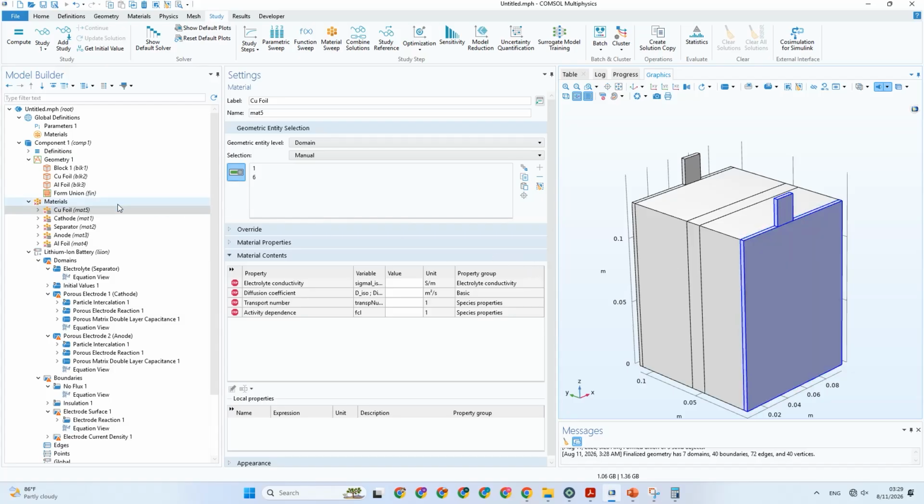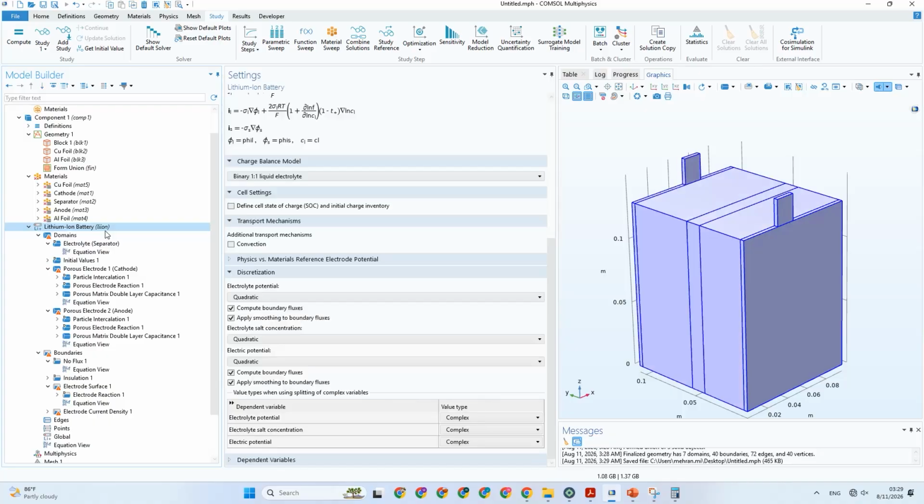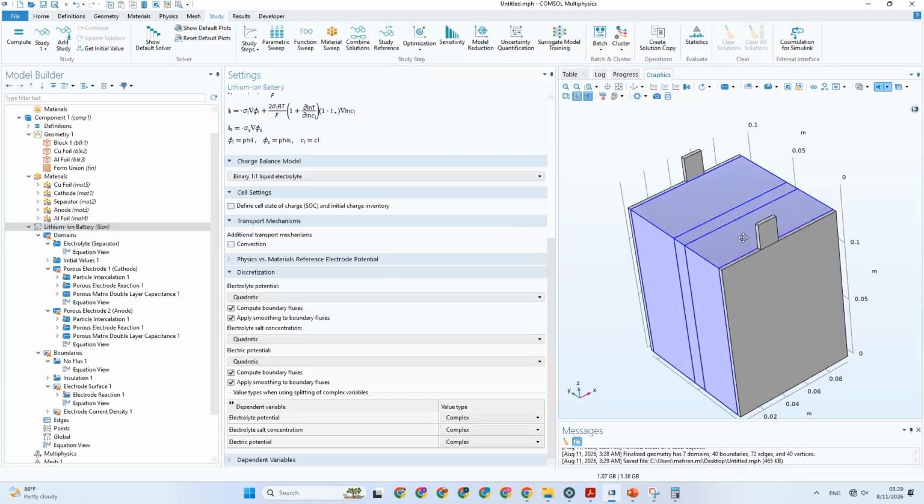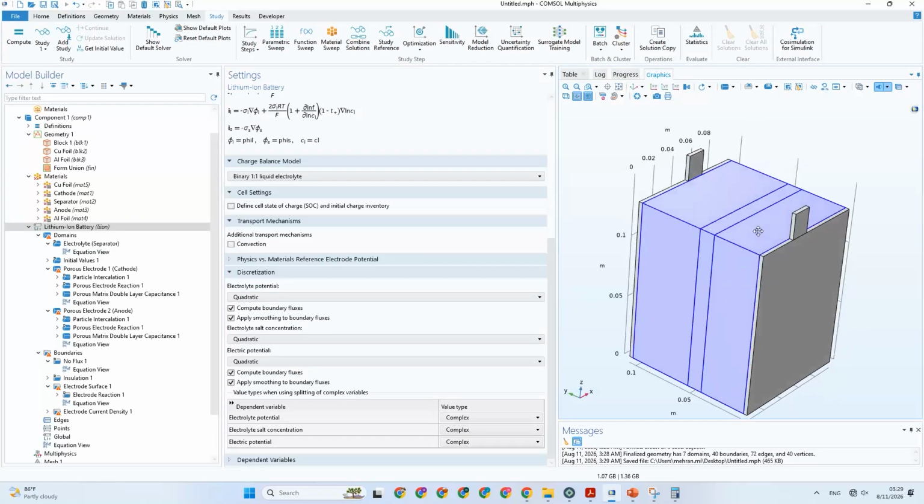Okay, all of that are defined now. For lithium-ion battery, we don't need this foil, it is just for showing the total geometry.